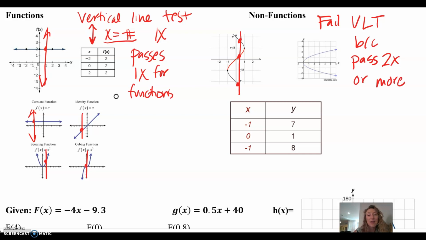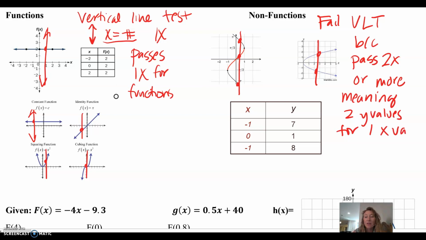Here, it touches my vertical line 2 times. Is that a perfect vertical line? No, it's a little slanted, but you can tell it would touch my vertical line twice, meaning there are 2 y values for one x value. And that means it's not a function.